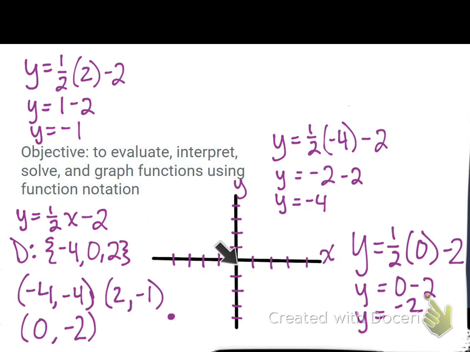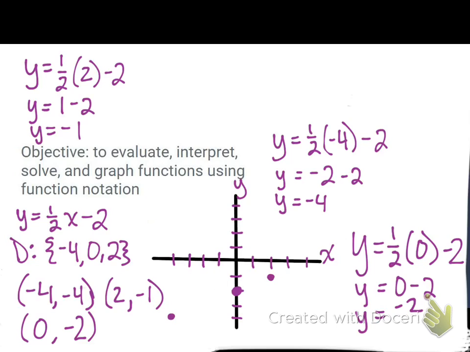But -2 for my y means I'm going down 2 on my y-axis. Last, we've got the point 2, -1. Which way 2? Right 2 and then down 1. So we go right on our x-axis to +2 and then down 1 for that -1.